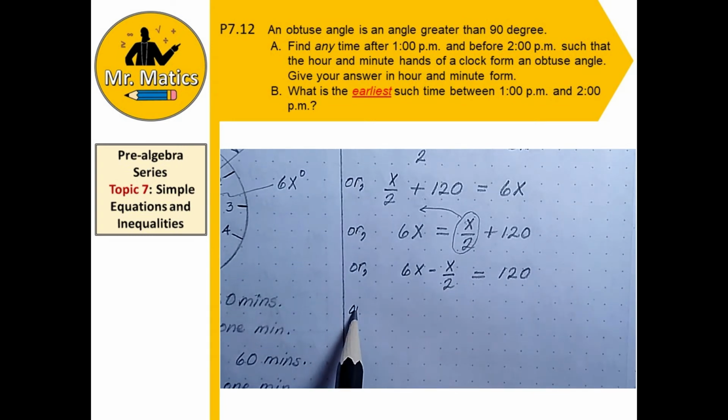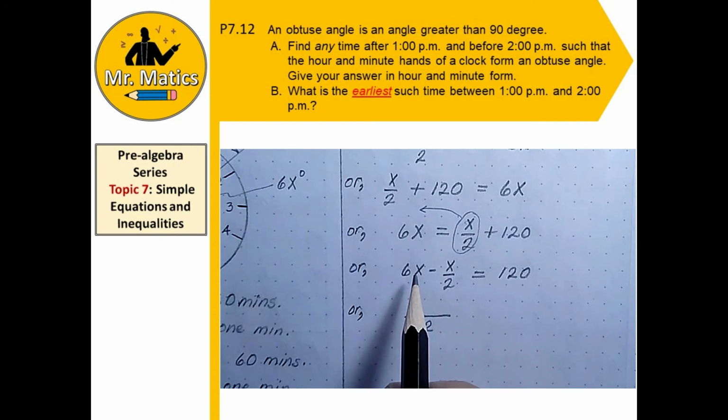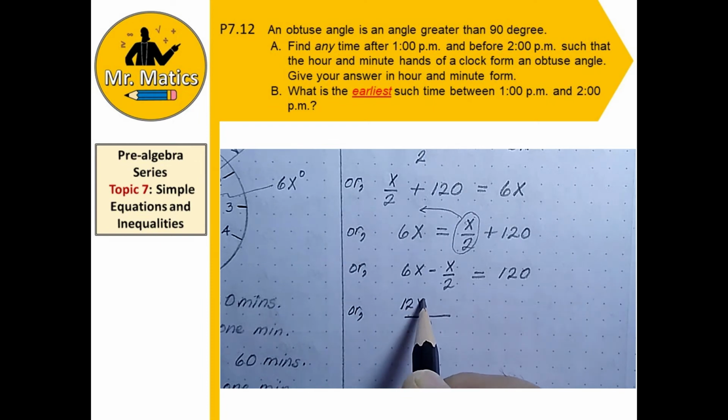Or you can take 2 common. Remember, 6x is actually 6x over 1. So you can take 2 common. This becomes 12x minus x equals 120 degrees.